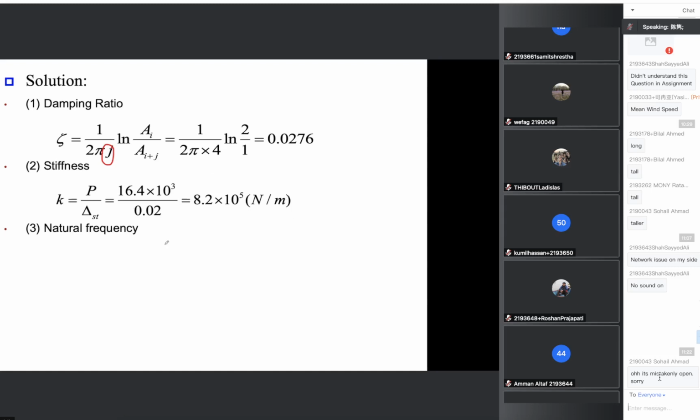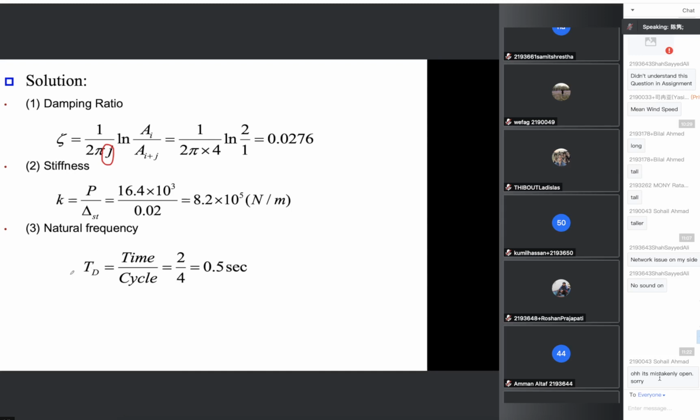So what is the natural frequency? We have the number of cycles and the time. So we use T, the time divided by cycles, so we know how much time you used for each cycle. So it should be 2 over 4, because 4 cycles, 2 seconds.